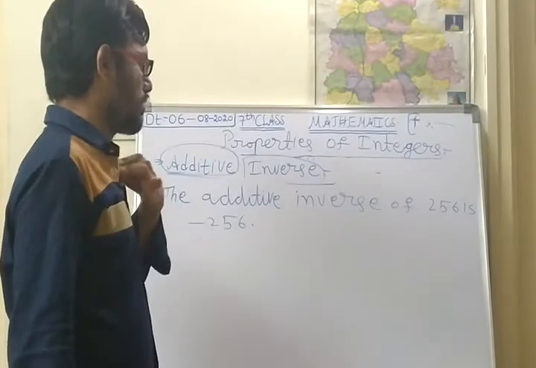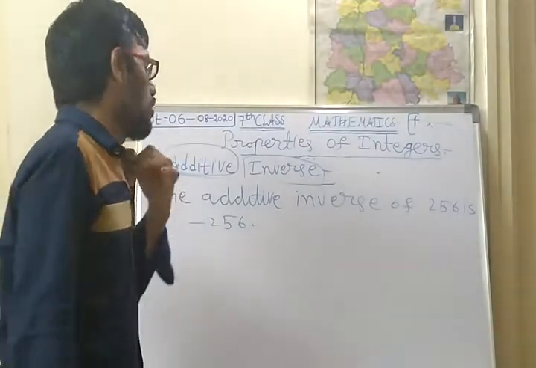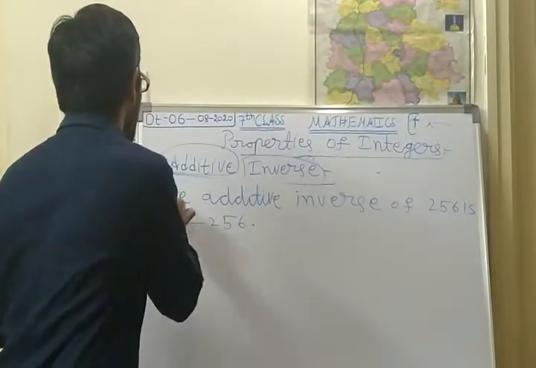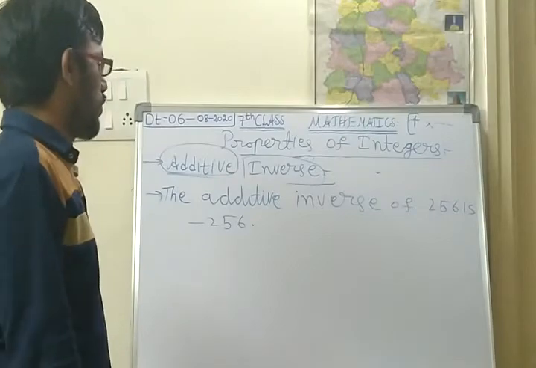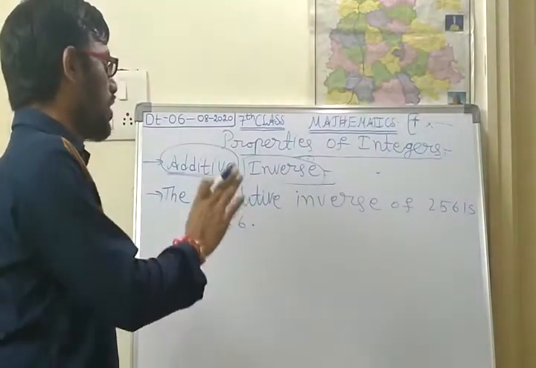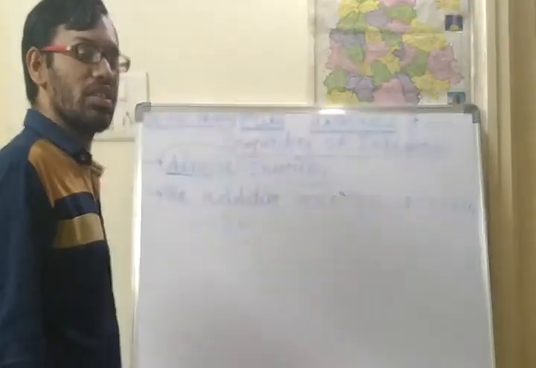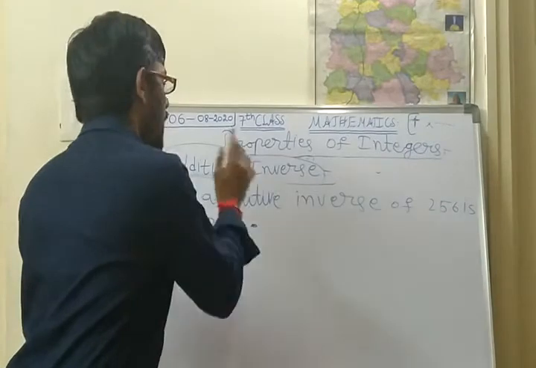He might ask this in the very short answer questions. This is the statement for additive inverse: for every integer there exists an inverse integer. That is called additive inverse.